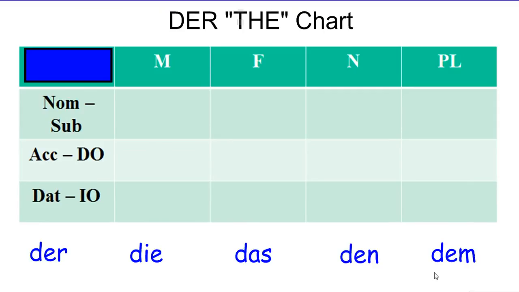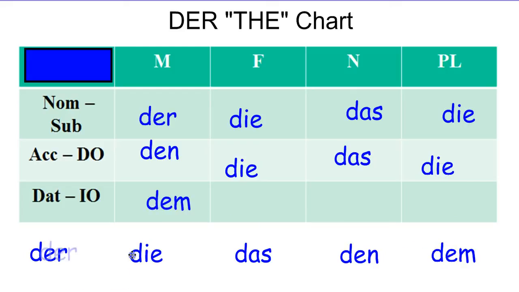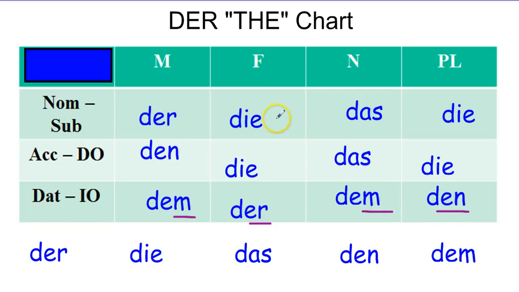And for the der chart: der, die, das, die, den, die, das, die, dem, der, dem, den. Once again, kind of looking at the memory trick of Mr. Minnesota, M-R-M-N, as a help.